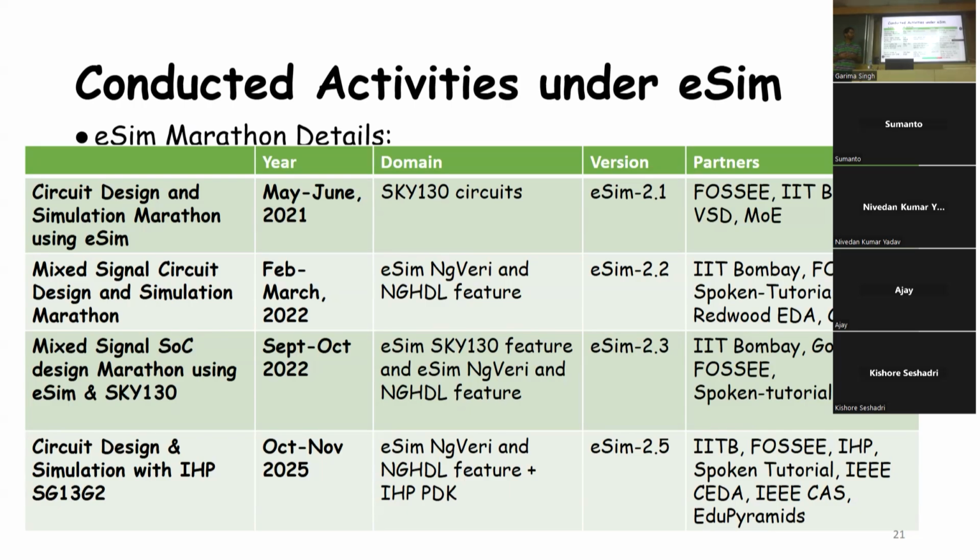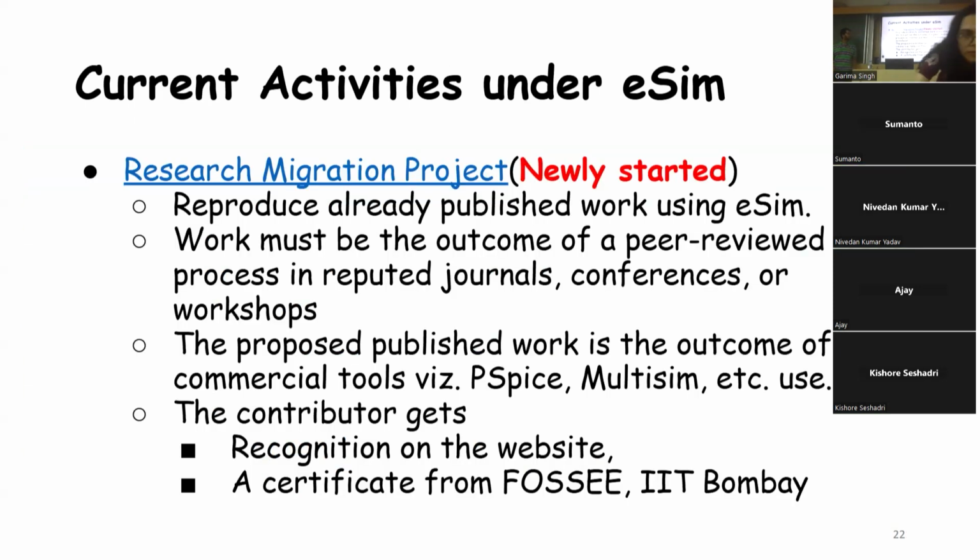From the earlier marathons in 2021 and 2022, we actually sent some of the designs to tape out to Google eFabless Foundry. For the 2025 hackathon also, we are trying to get some funding and send designs to IHP fabrication in Germany.